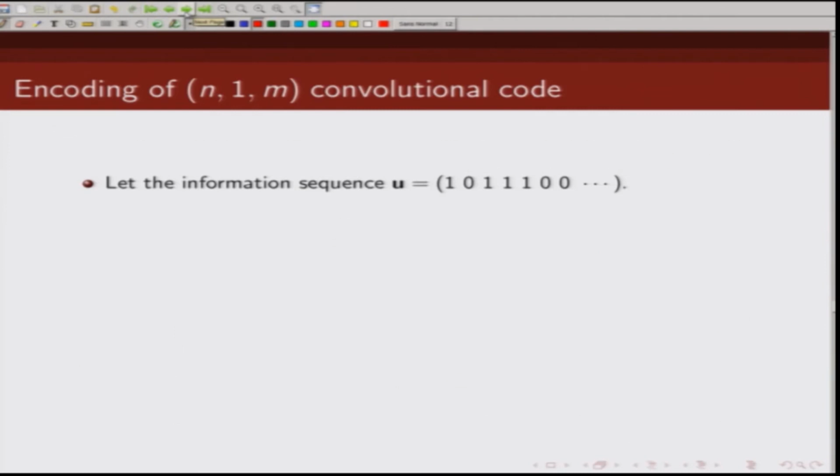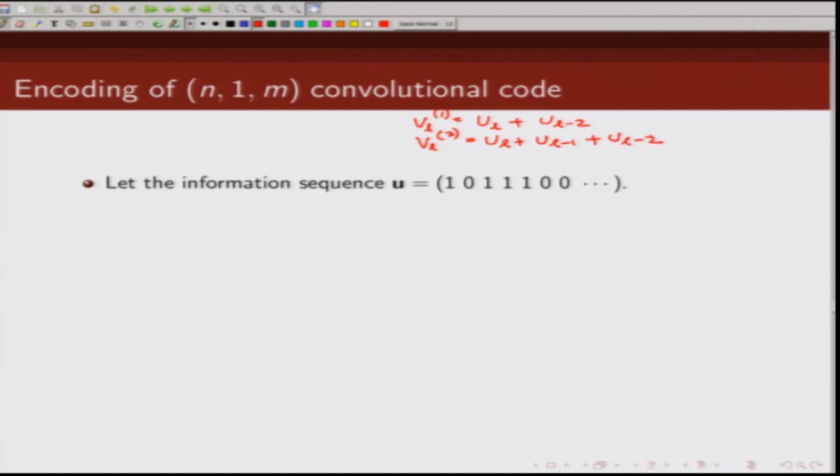So, if we have an information sequence like this, what was our output sequence? VL1 is UL plus UL minus 2 and VL2 is UL plus UL minus 1 plus UL minus 2.